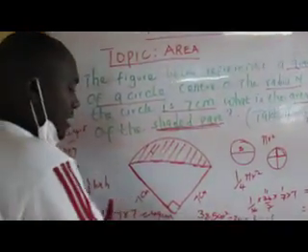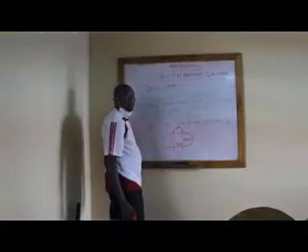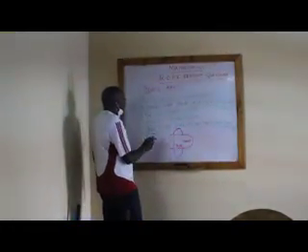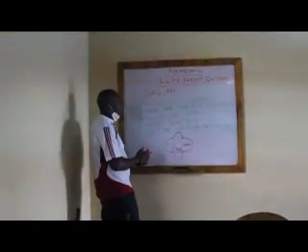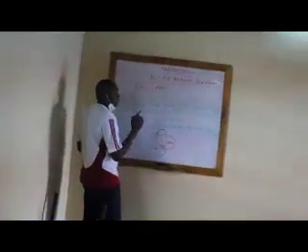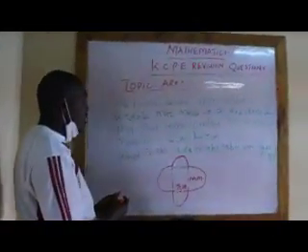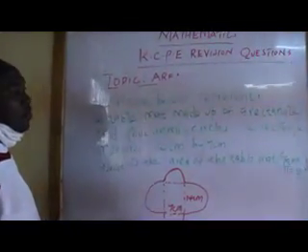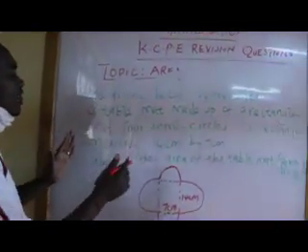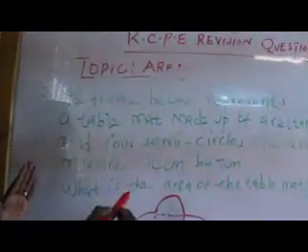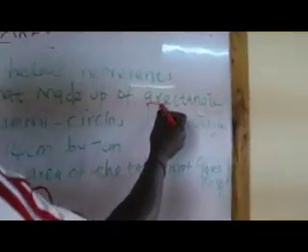Let us go to our example 2. Question 2. The figure below represents a table mat made up of a rectangle and 4 semicircles. The rectangle measures 14 centimeters by 7 centimeters. What is the area of the table mat? We are told it represents a table mat made of a rectangle.